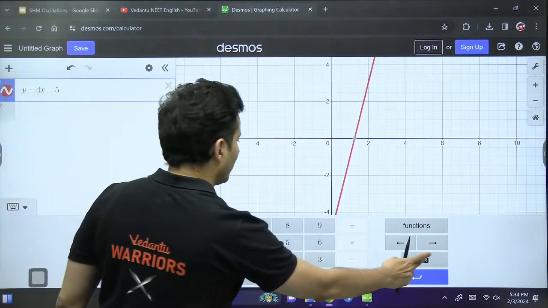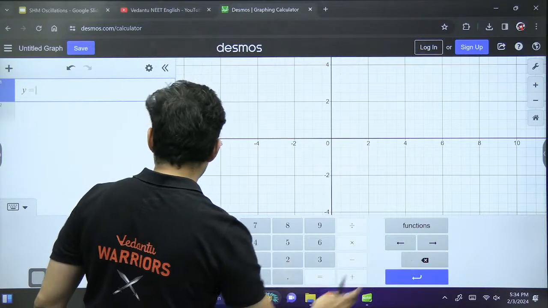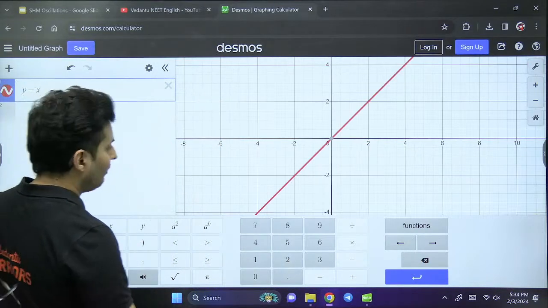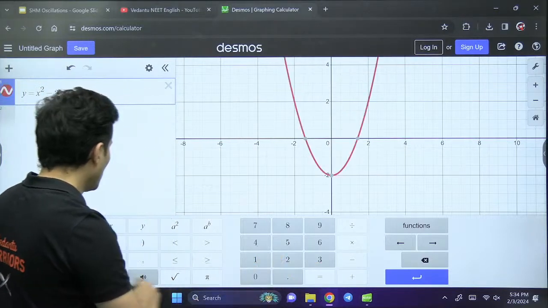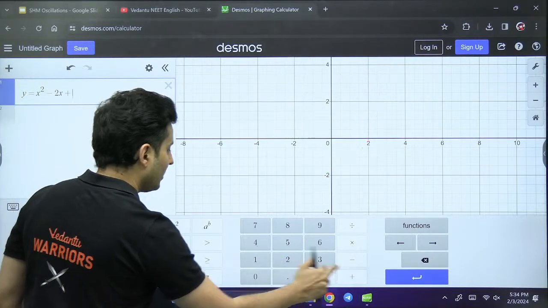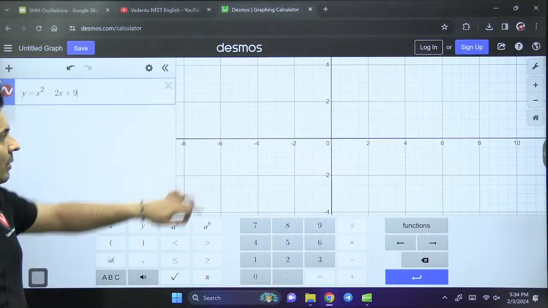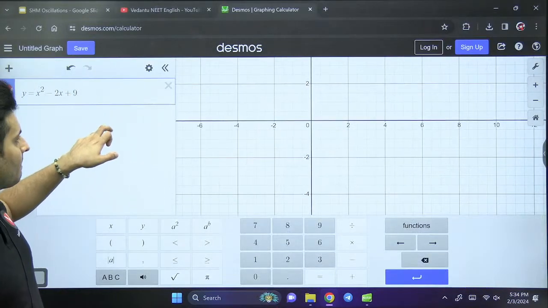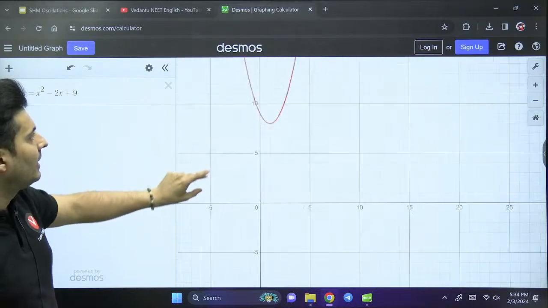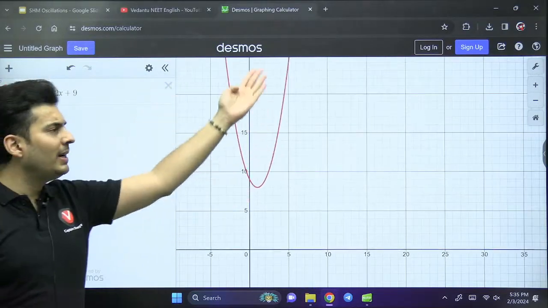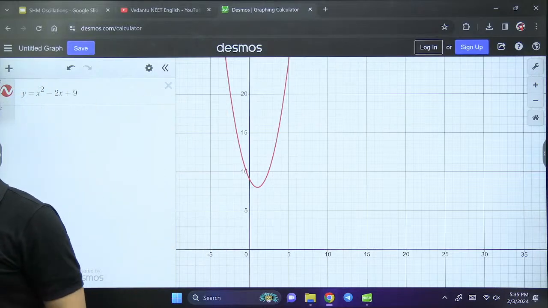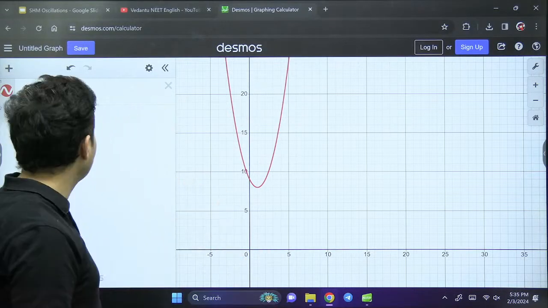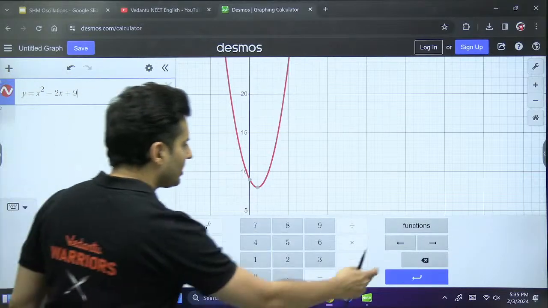Alright, so here is what we'll do. We'll change it. Let's say we put y equals x square minus 2x plus 9. Tell me, where has it gone? Plus 9, I think it went up. Is this graph repeating itself? Definitely not. Okay, let's try something else.